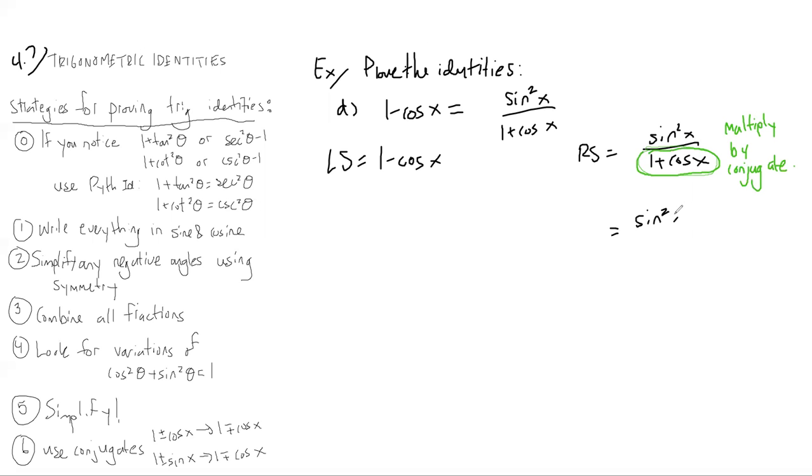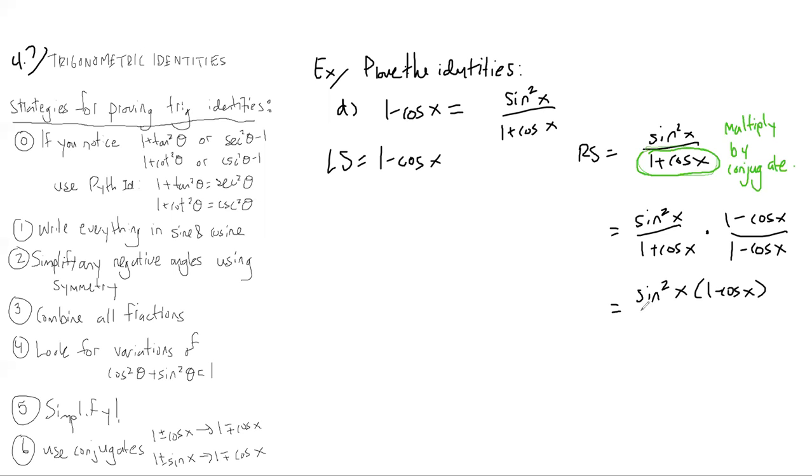And so the conjugate is just going to flip the sign in the middle. And when I say multiply by, because we're just dealing with an expression, what I'm going to have to do here is multiply the top and the bottom by the conjugate so that I'm multiplying by 1.